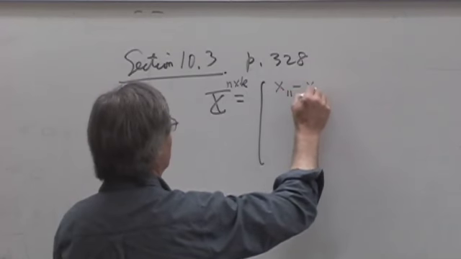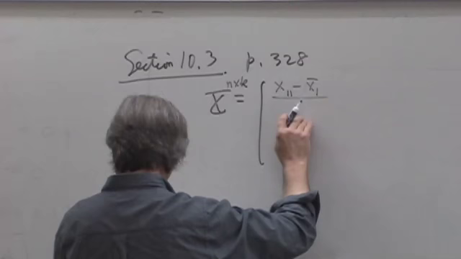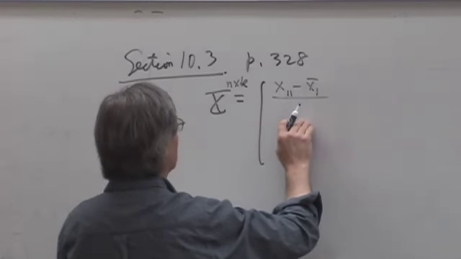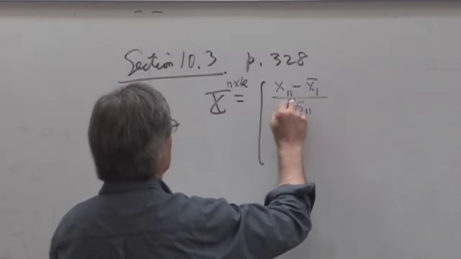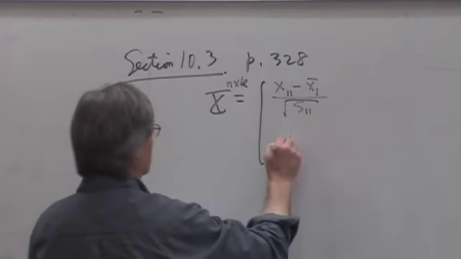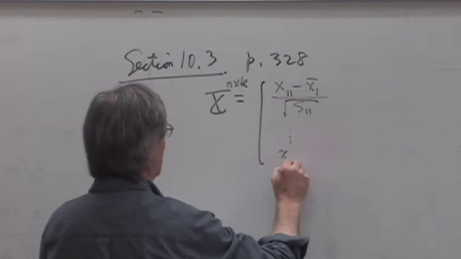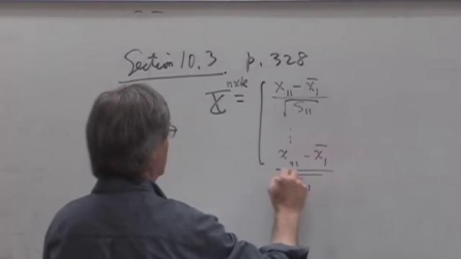It's x11 minus x1 bar over, let's see, I think he's going to unit length, so that would be an S11 with a square root sign. Okay. Down to xn1 minus x1 bar over the square root of S11.